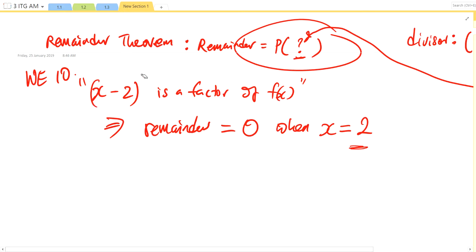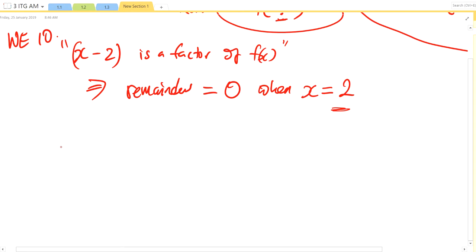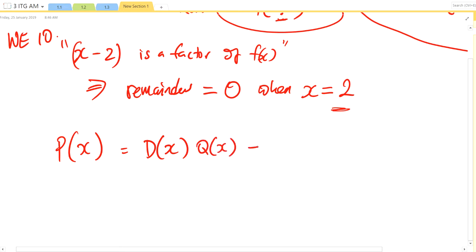Let me put it down in the form that we are all very familiar with. So, px equals to dx times qx plus rx. Now this time, let us do some quick substitution. My dx, the divisor, is supposed to be x minus 2, right? We are dividing by x minus 2.